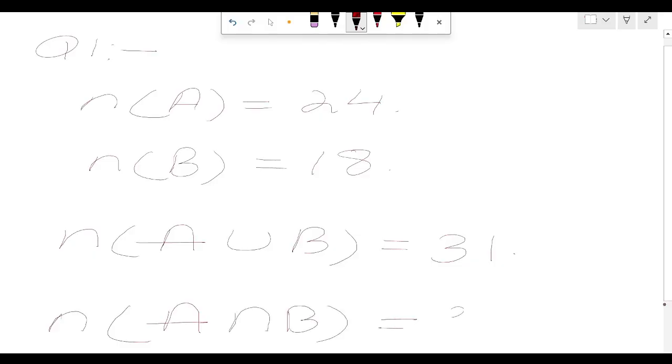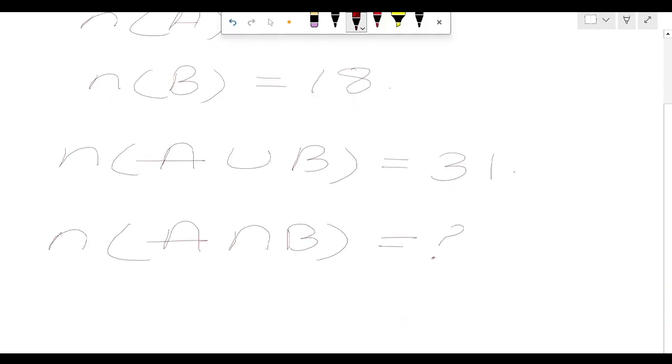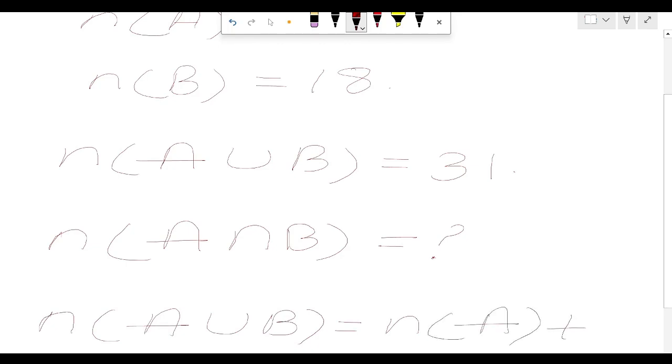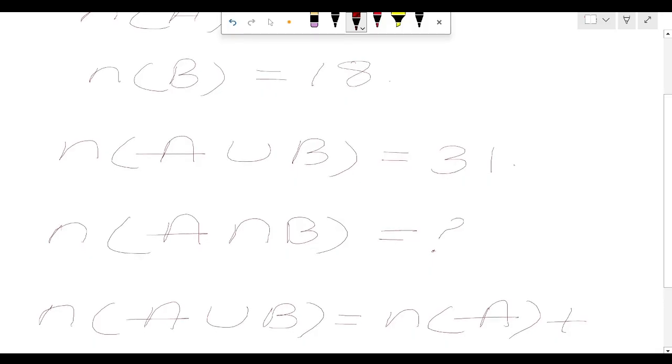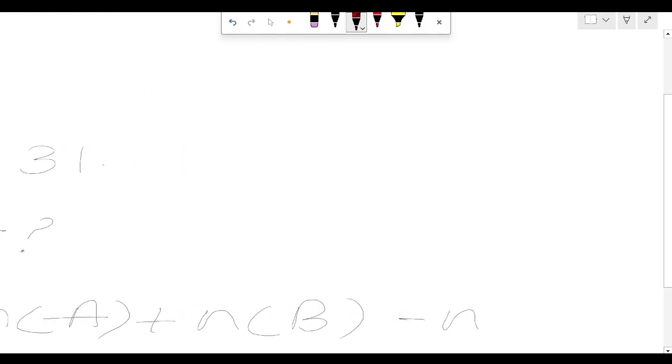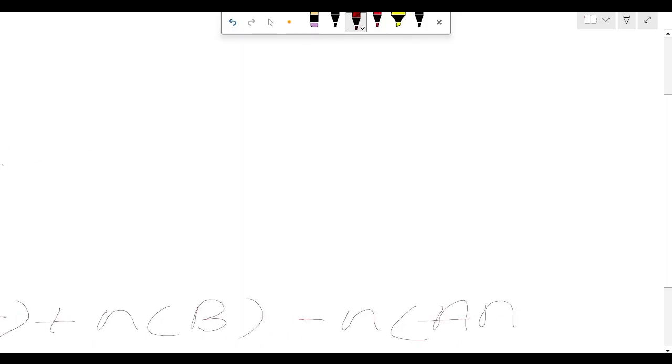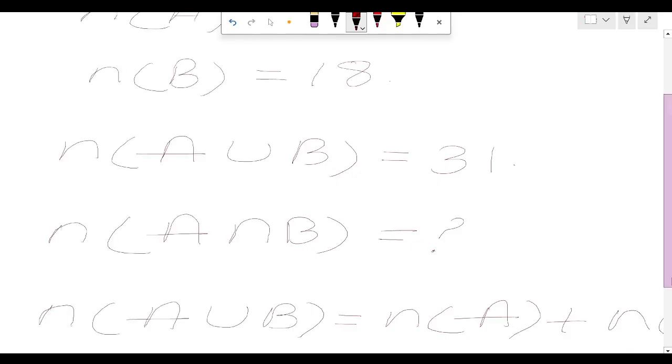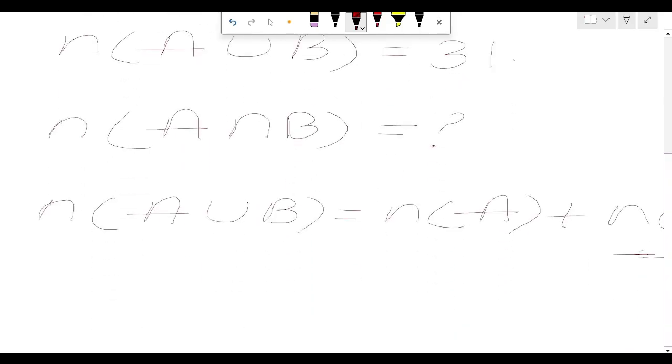So in order to find this, we will use the first formula for two overlapping sets A and B, and that formula is the number of A union B is equal to the number of A plus the number of B subtracted from the number of A intersection B. Now we need to place our values that we got from the question.